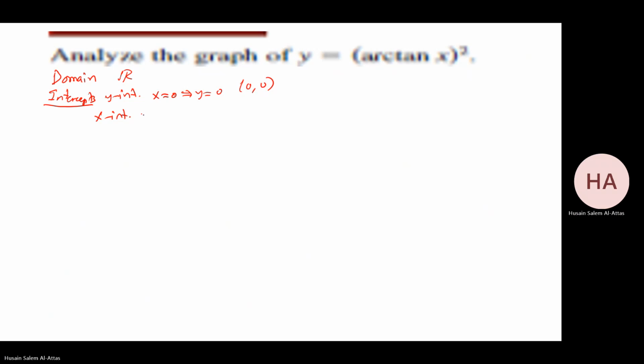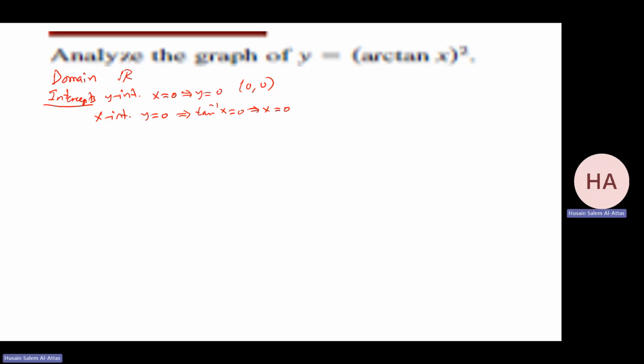The x-intercept will make y equal 0. So when tan inverse x equals 0, that means x equals 0, so the same thing.